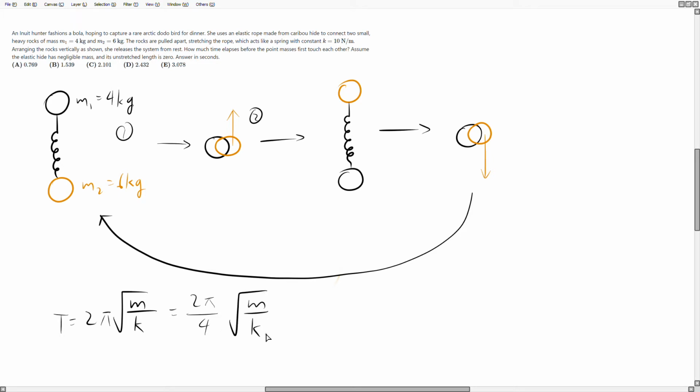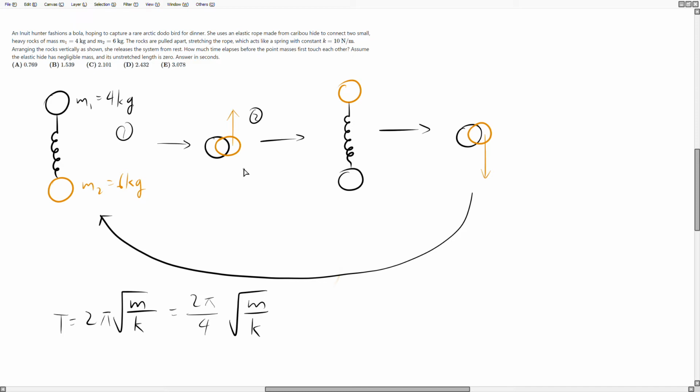But what value of m should we use? Should we use 4 kilograms, 6 kilograms, or 4 plus 6 kilograms? The answer is none of them. Remember, this formula only works when there is one mass attached. And there are two masses attached to this. And we can't just add these two together because they will have countering impacts on the acceleration of the system.